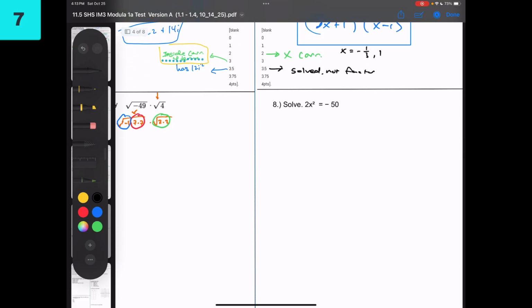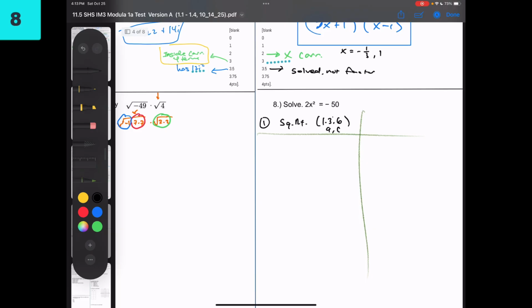Okay, number 8. There's 2 ways to solve this one. This one is called the square root method. And back in your 1.3 notes, I'm going to guess 1.36. It's basically when you have only the a and c and no b.